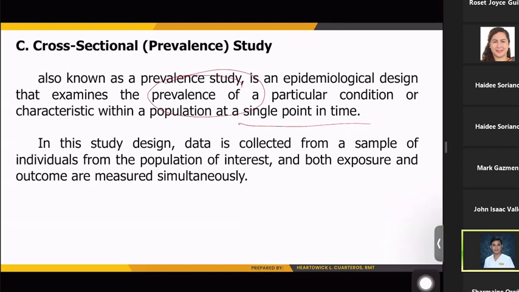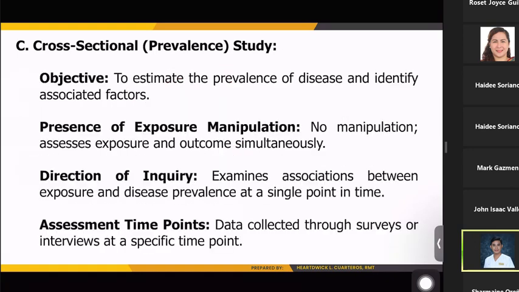In this study, the data is collected from a sample of individuals from the population of interest, where both exposure and outcome are measured simultaneously. In layman's terms, or in simple terms, a cross-sectional study is like taking a live picture of a group of people at one specific moment to see what they're like and what they are doing.